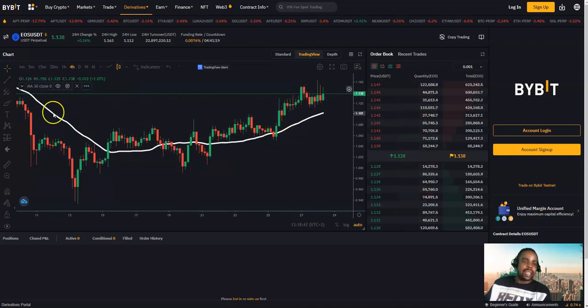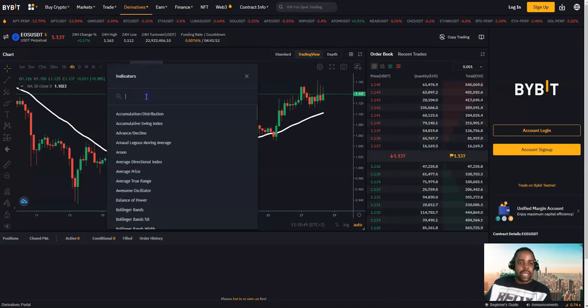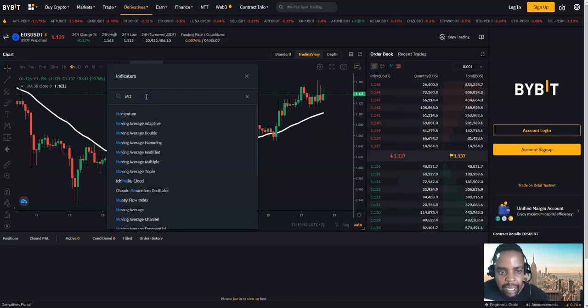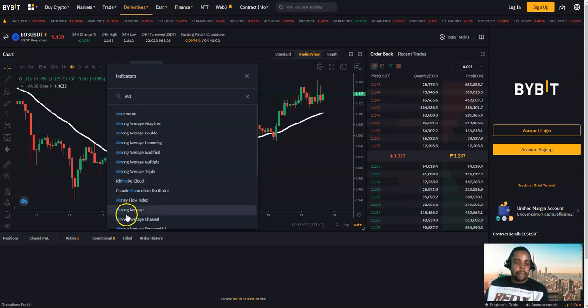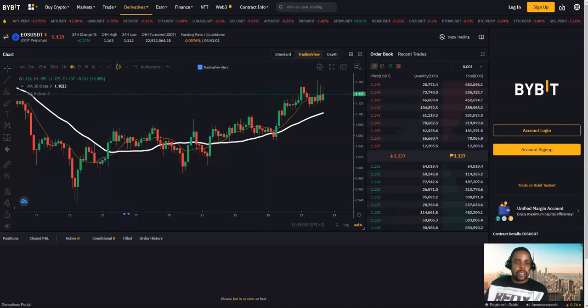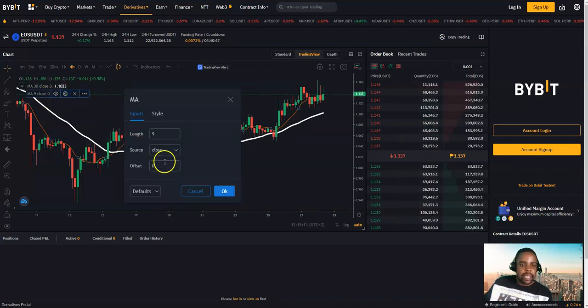I can put in another moving average. Let me go to my indicators and put another moving average, maybe on another scale. I say moving average. Maybe this one is also white, and this one is 30. The other one is 9. There it is, it says 9. Let me adjust it and make it a bit thicker.